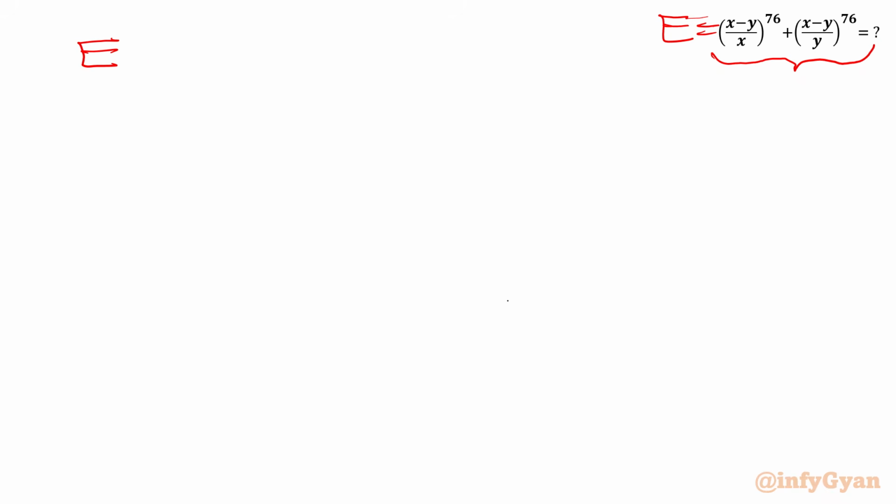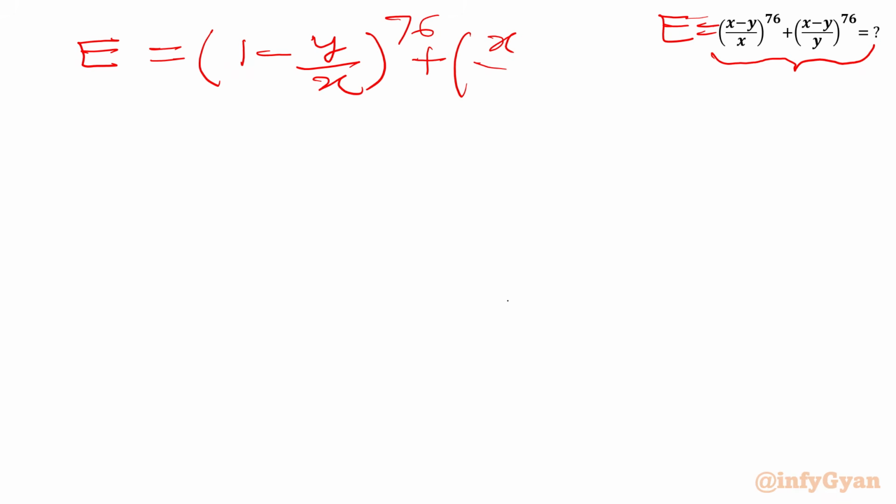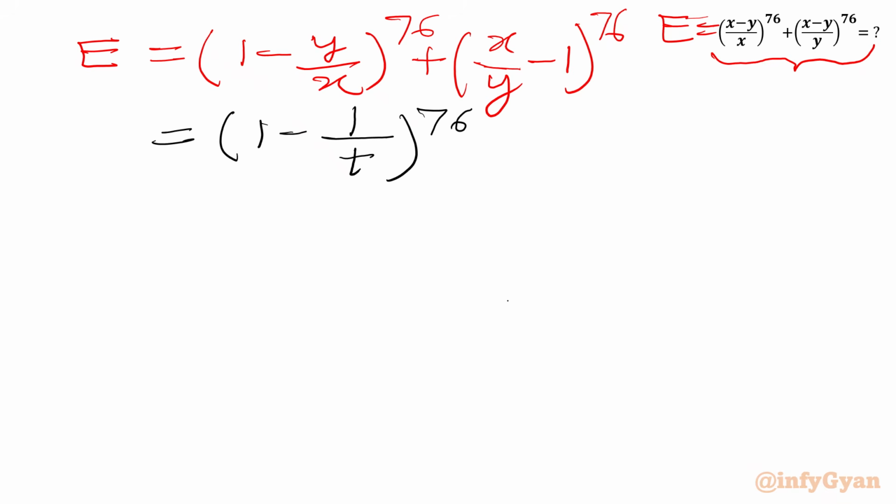So I will write here E equal to x over x is 1 minus y over x, whole power 76, plus x over y minus y over y is 1, whole power 76. Now y over x is 1 over t, x over y is t. We will write here 1 minus 1 over t whole power 76 plus t minus 1 whole power 76.